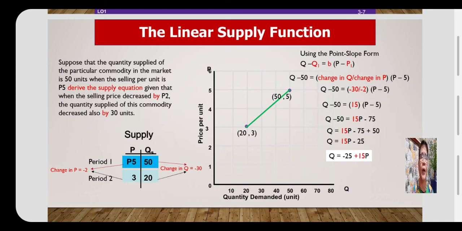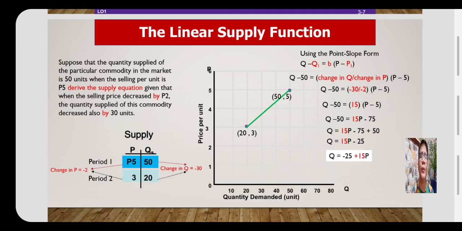Just the same for the supply equation, we are now making use of "by" instead of "to." So what was specified is that the price decreased by 2. So originally the price was 5 pesos and it now decreased by 2, so that the new price now is 3, because if the price of 5 decreased by 2, 5 minus 2 will become 3.